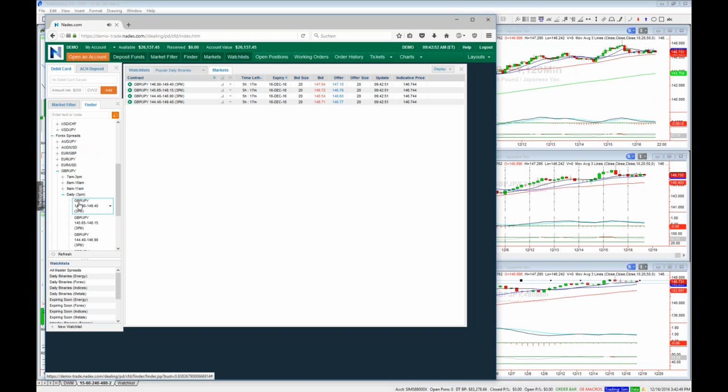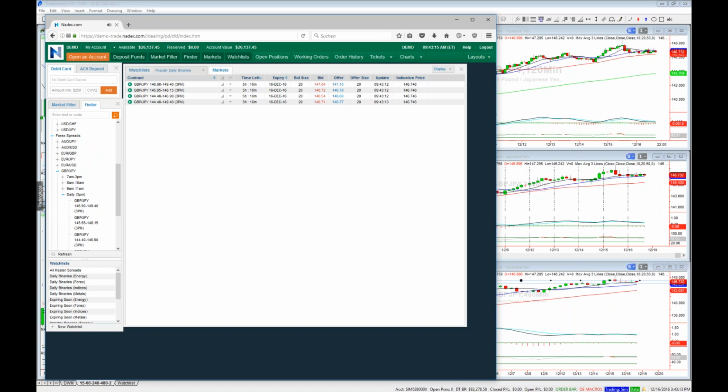With spreads, you have to think about a range and a direction. With British pound, Japanese yen, we thought that this might be a market that might be going higher, so we would be looking for a potential trading opportunity for higher prices.